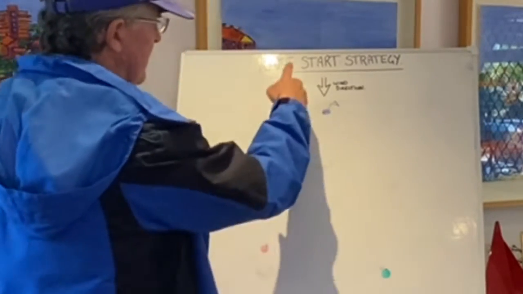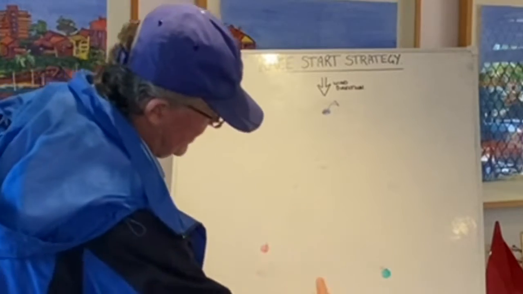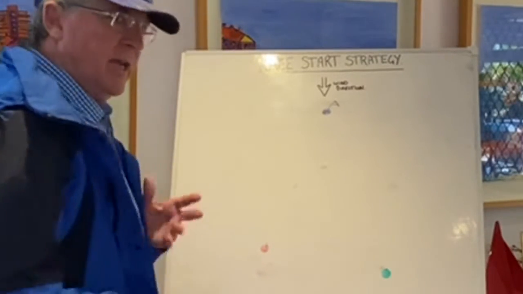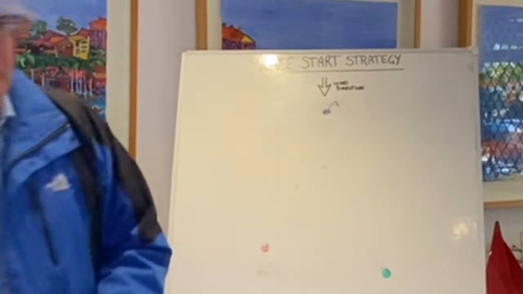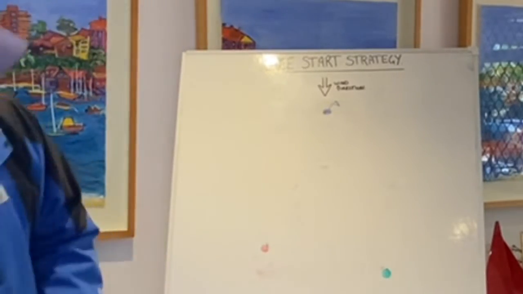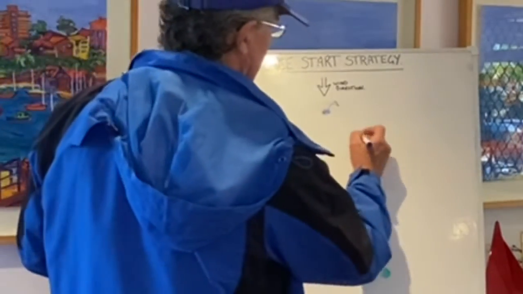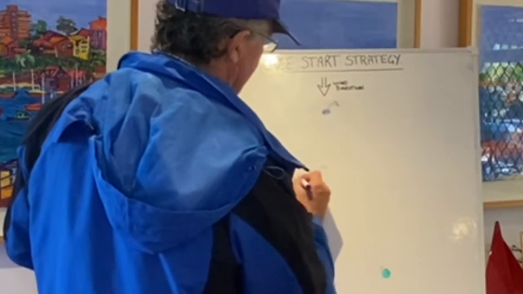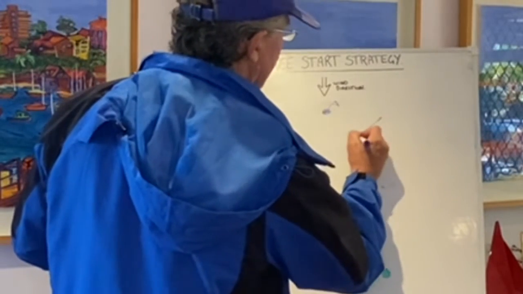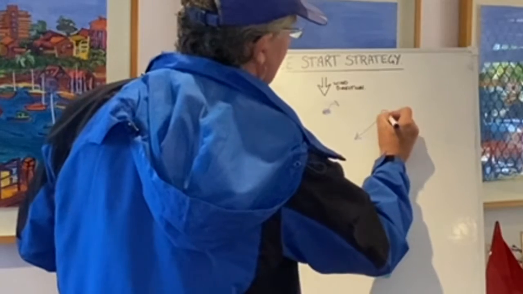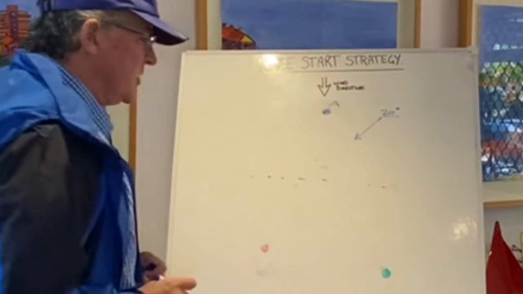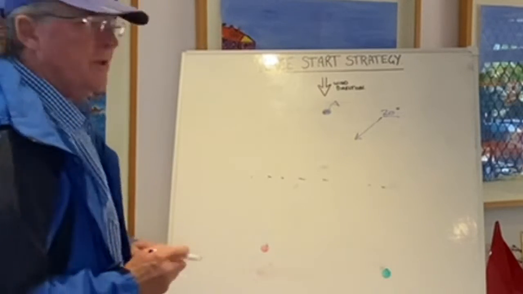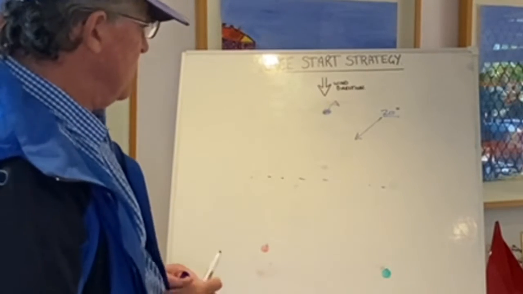The wind blows in oscillations like that in a time sequence. So what you might find on this course is that halfway up the beat there is a 20% wind shift in that section. So the question then becomes, where would you start here?